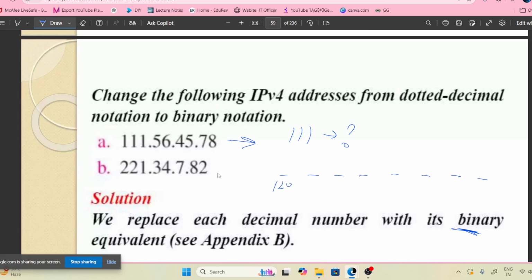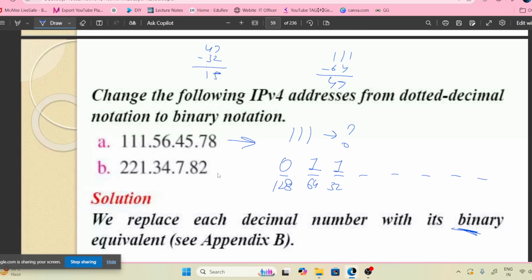This number 128 is greater than 111, so I write 0. Then 64 is smaller, so I write 1. 111 minus 64 gives 47. This number 32, yes, I can take it, so 47 minus 32 gives 15.